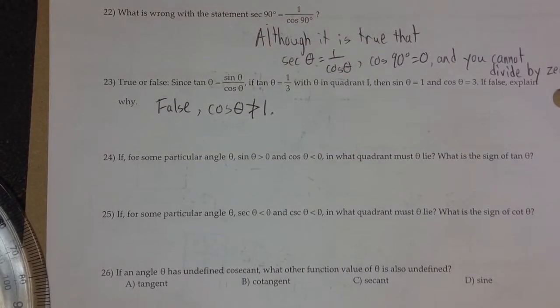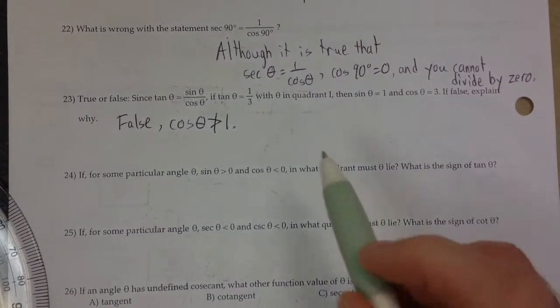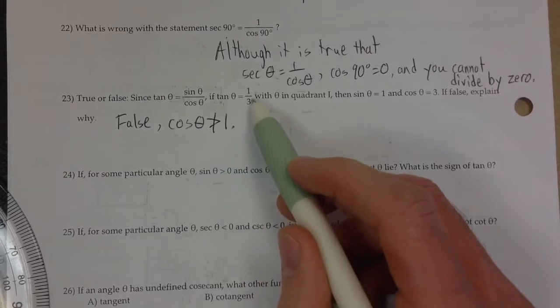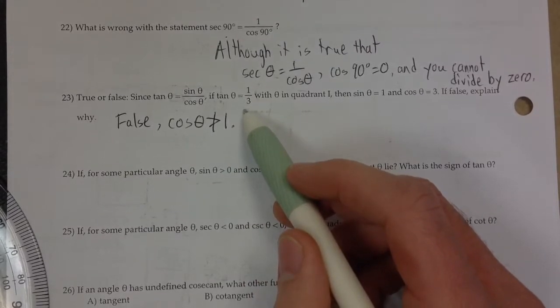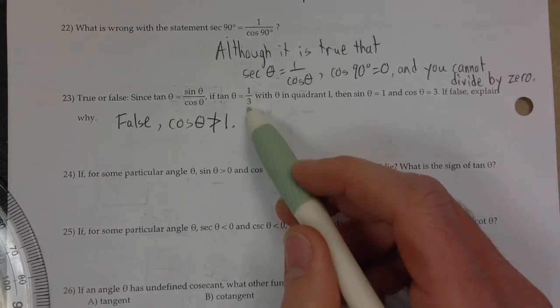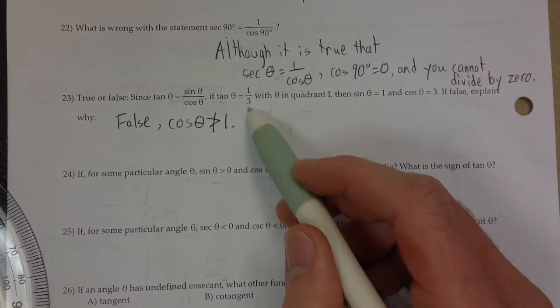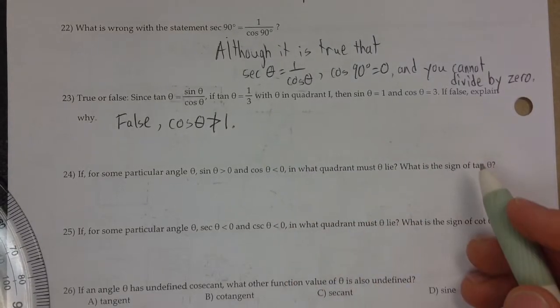So what that means is that the ratio of sine to cosine reduces to 1 to 3. It doesn't necessarily mean that sine is 1 and cosine is 3, and it's actually impossible for cosine to be 3.